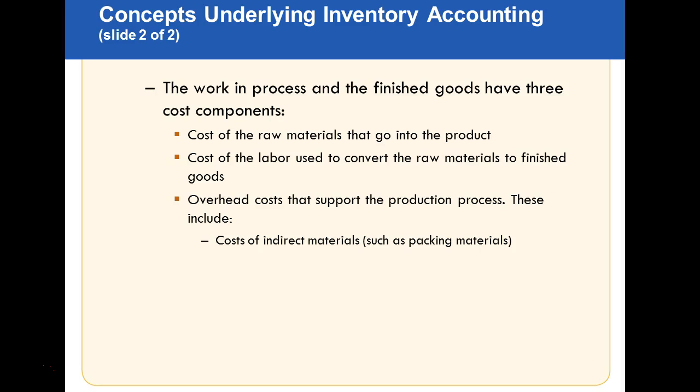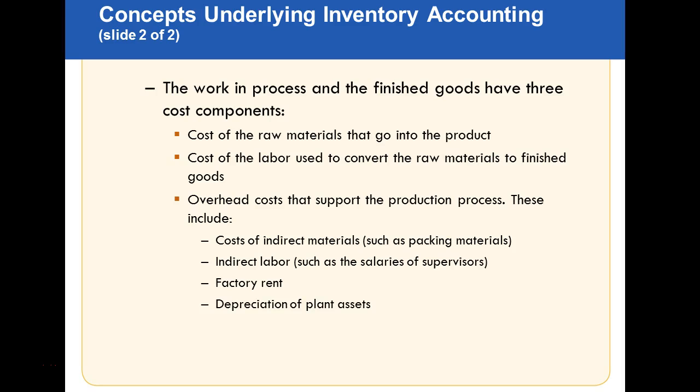It may be things that help accommodate those materials, such as packing products. Indirect labor, such as the supervisors who oversee the work. They're not necessarily right on the production line, like direct labor, but they still are part of the whole process. And factory rent, depreciation of plant assets, and the utilities in the plant.